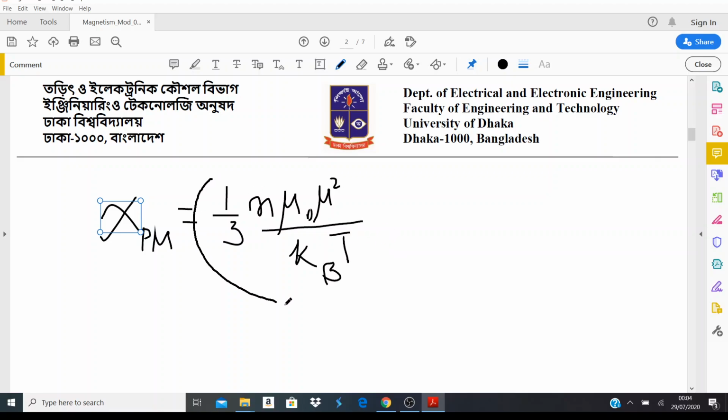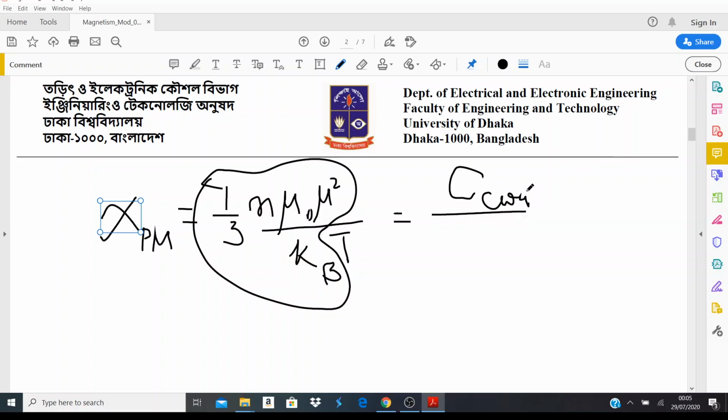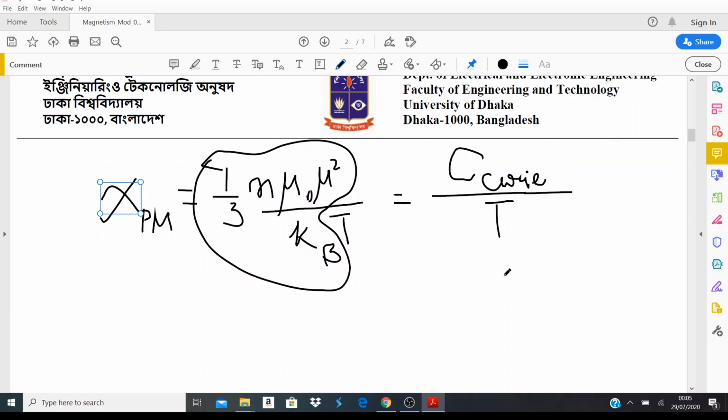And if I write all of these as a number and denote it by C, and in subscript I put Curie, to honor Curie, the inventor of this magnetism, divided by T, right? So this is the famous Curie's law where it says that the susceptibility of a paramagnetic material goes as the inverse of the temperature.